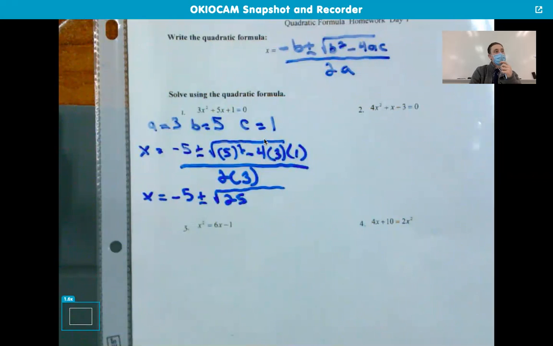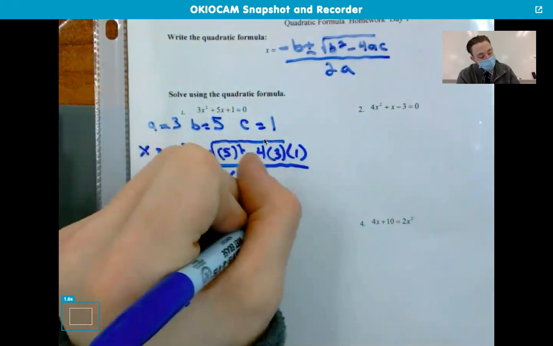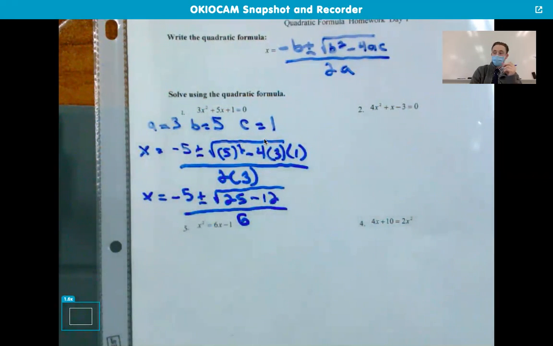What's that going to give me? Negative 12. Over 2 times 3, which is 6. Everybody with me so far?